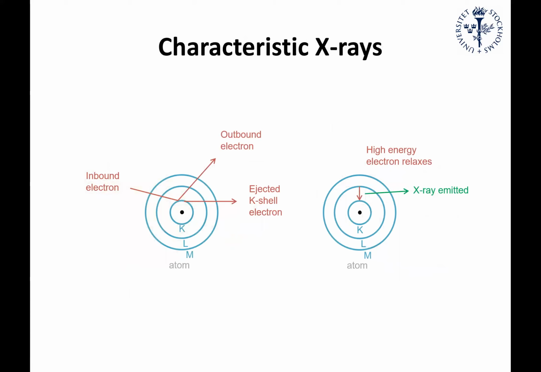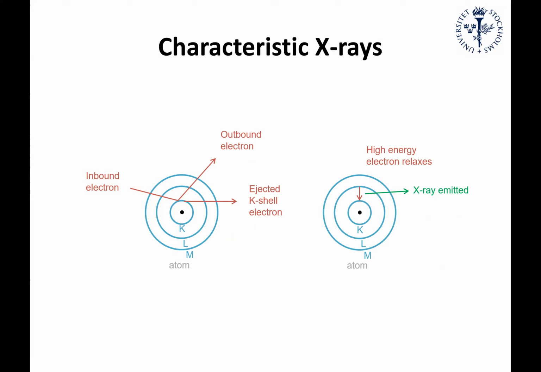So starting off with characteristic X-rays, one of the two different categories of X-rays that are produced. Like I said, this really depends on the anode material, what element that chunk of metal is made out of. So we have that electron beam hitting the anode. You can imagine these are atoms within that anode material, the metal that is producing the X-rays.